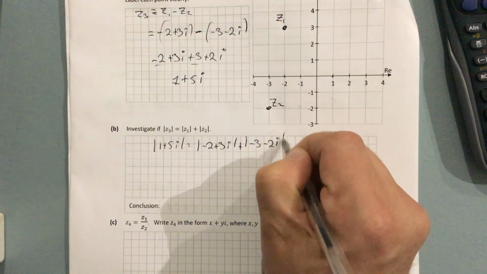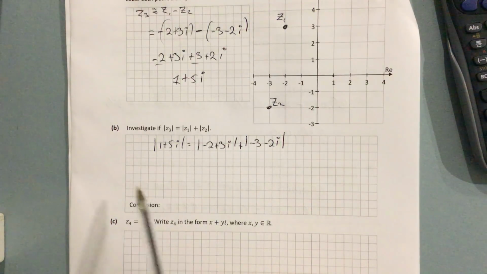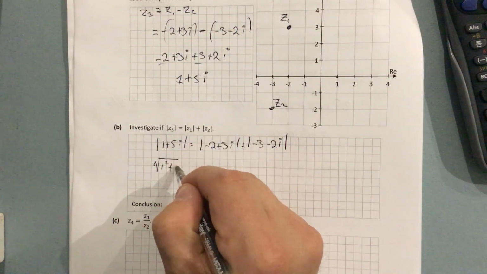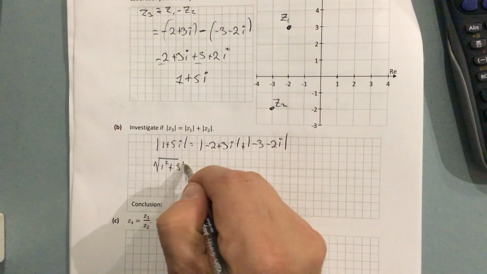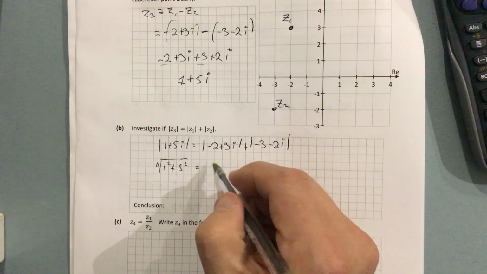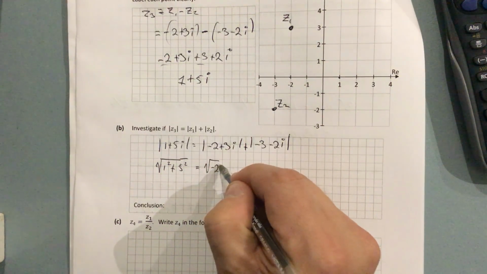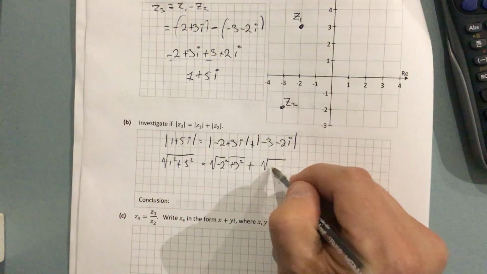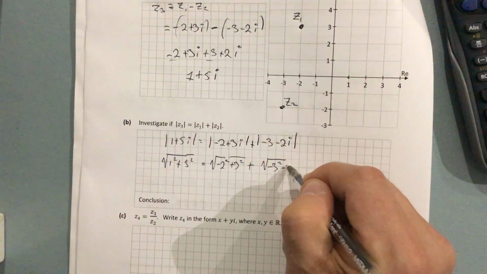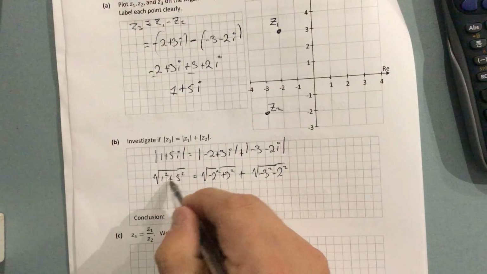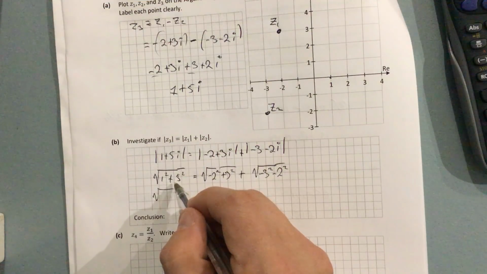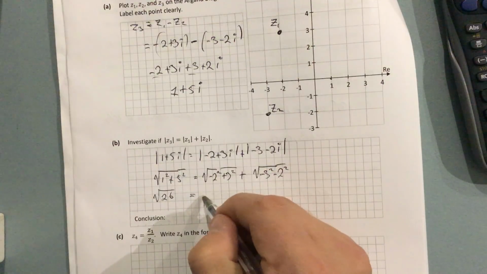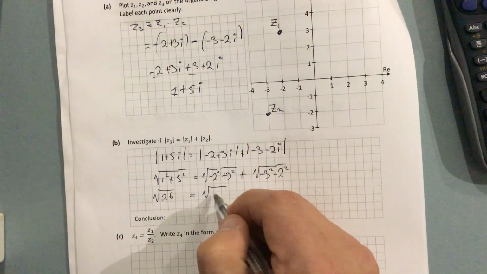Now I'll simplify it. So that's 1 squared. When you get the absolute value, you always drop the i. Make sure to bring that out. Is it equal to -2 squared plus 3 squared and -3 squared minus 2 squared? So 1 squared will leave me with 1, and 5 squared will leave me with 25. That's the square root of 26. Is that equal to? So that will be 4 plus 9, which is 13.